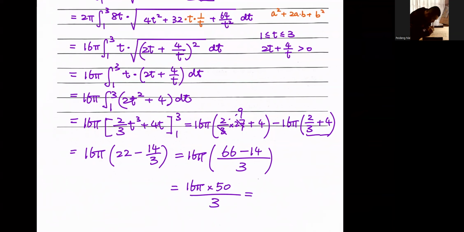Something along these lines. So eventually you can calculate this number to be a very nice number, okay? Should be, hang on a second, let me have a closer look.